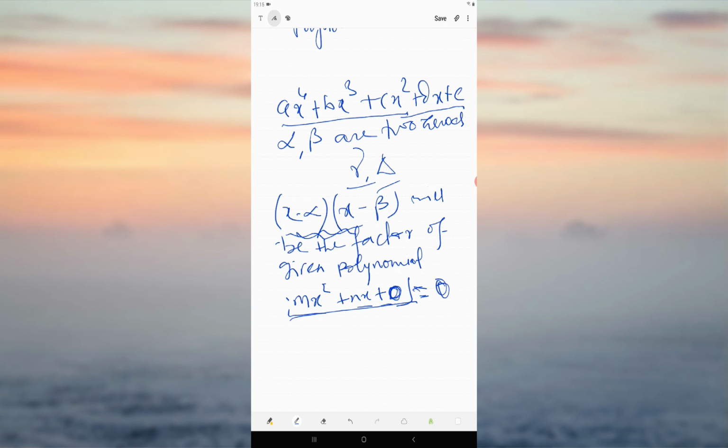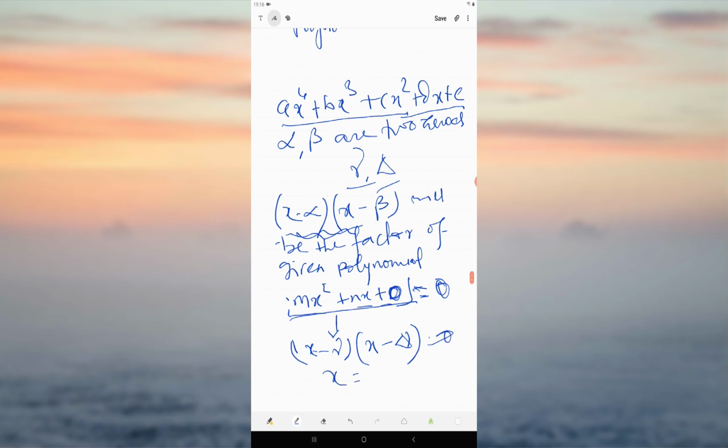Now factorize this whole thing. If you don't know factorization, please go through my previous video, where I have explained how to factorize. It has been taught in the previous classes, but for your help I have explained the funda for how to factorize. So factorize this and you will get something in the form of (x minus gamma) into (x minus delta) equals 0.